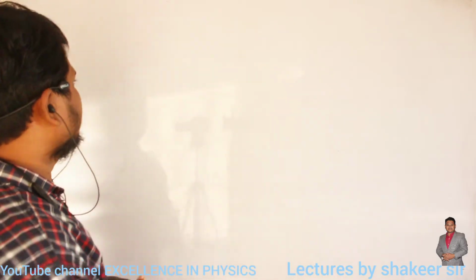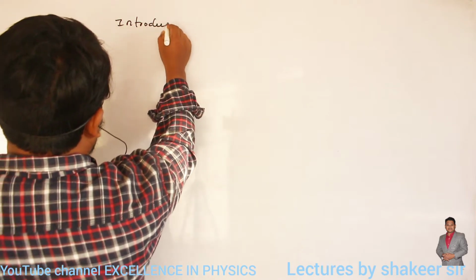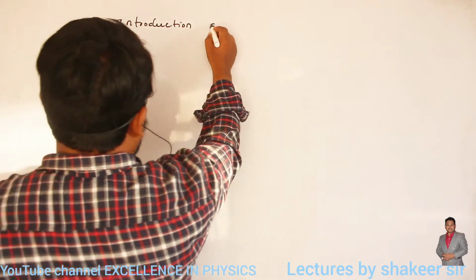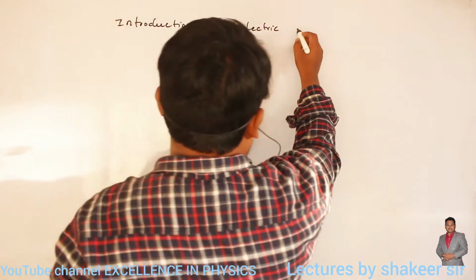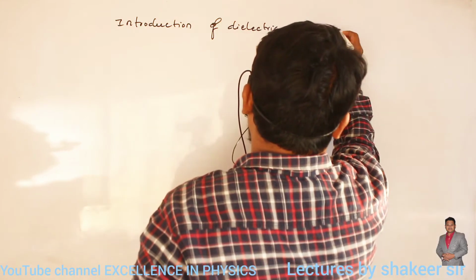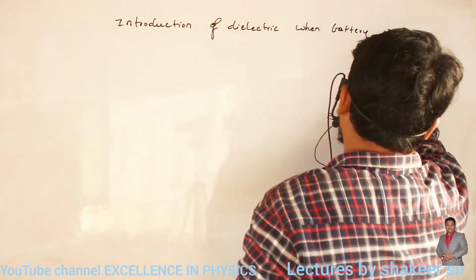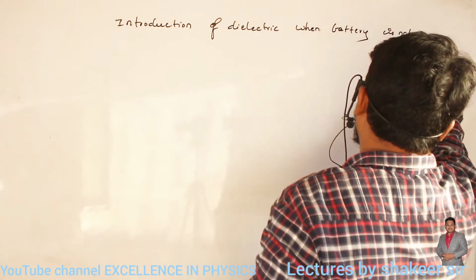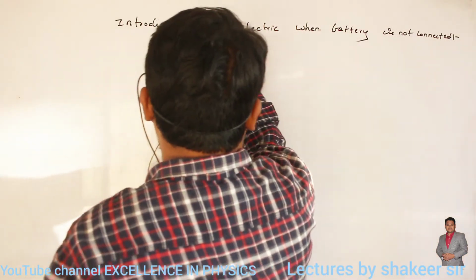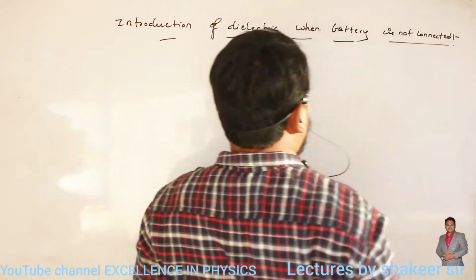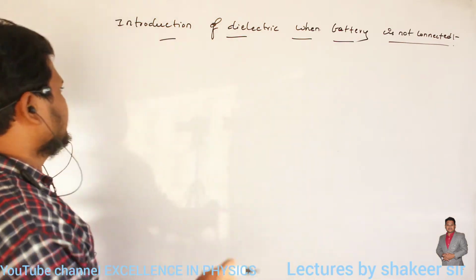Now we will study introduction of a dielectric when the battery is not connected. When the battery is not connected, what are the different changes in parameters that we are going to study now? Clear?